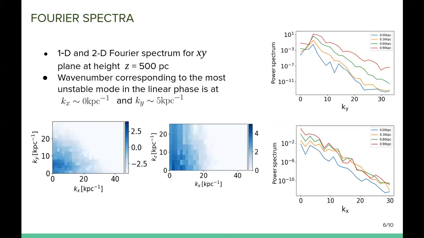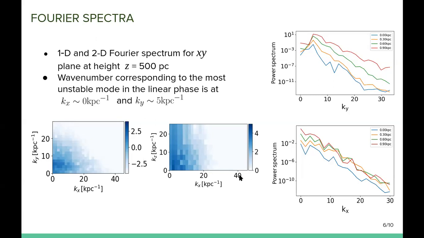To understand the nature of the solution a bit further, we also look at the Fourier spectra. What I've given here is the 2-dimensional Fourier spectra for fixed Z and Y values, and also the 1-dimensional Fourier spectra for these slices, which correspond to the power spectra with respect to KY and KX.